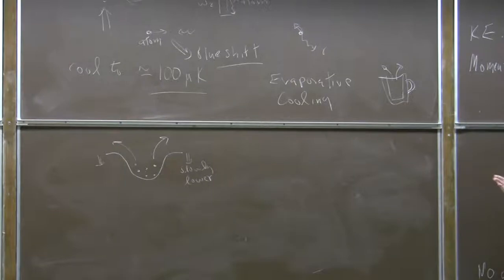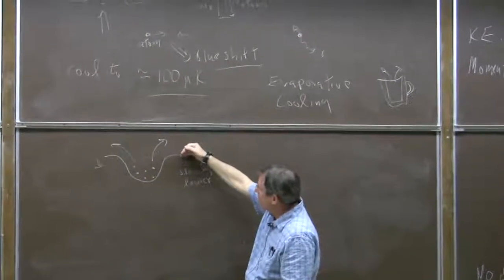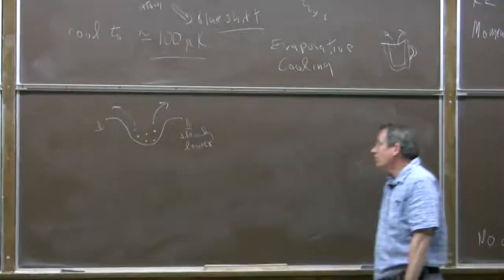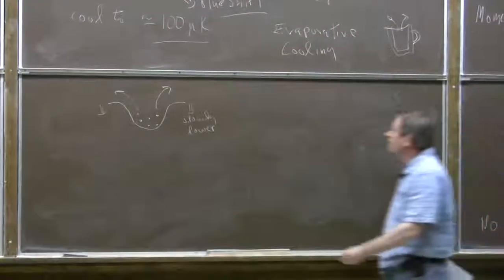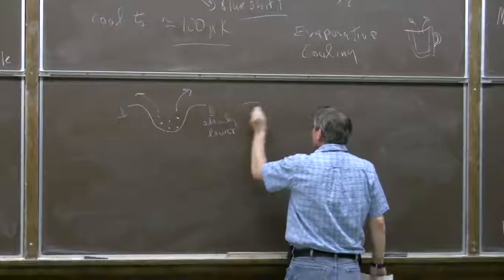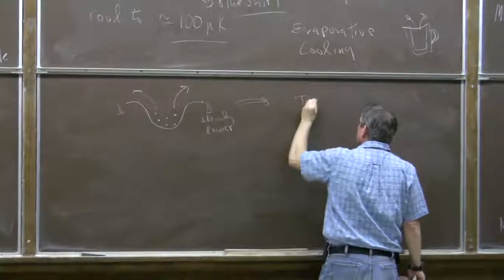And so there's an evaporative cooling game on the Cornell-Wieman website you can play to get the feel for how you have to lower the trap height as a function of time in order to achieve condensation. But if you do it right, you can cool to a microkelvin or even better.